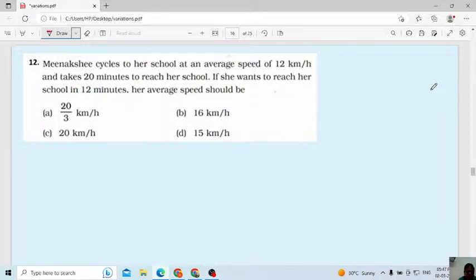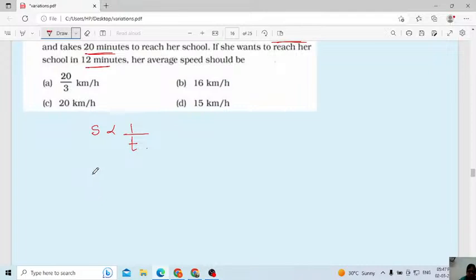Meenakshi cycles to her school at an average speed of 20 km per hour in 20 minutes. If she wants to reach her school in 12 minutes, what is her average speed? You know the speed is inversely proportional to 1 by time. Use this relation, then easily you can solve.